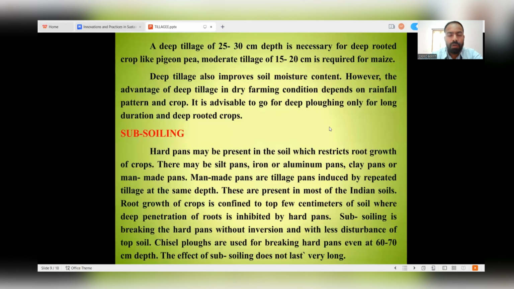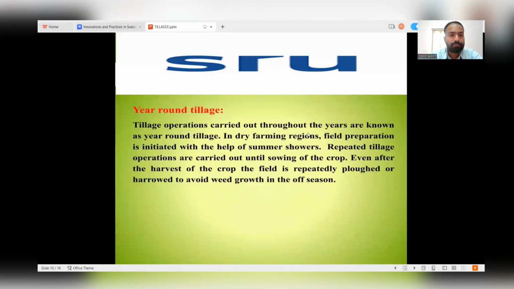Okay, after subsoiling, moving on to the next point, year-round tillage. Tillage operations carried out throughout the year are known as year-round tillage. In dry farming regions, field preparation is initiated with the help of summer showers. Repeated tillage operations are carried out until sowing of the crops.